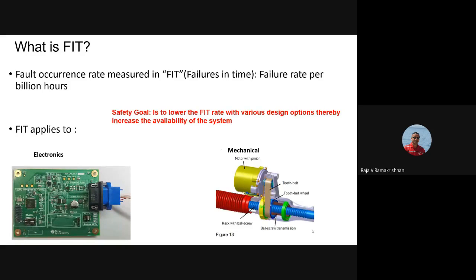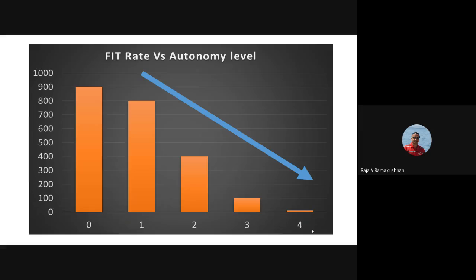The FIT applies to electronics, it applies to mechanical, it even applies to software. Everything is there. So it's a whole complete system. Our safety goal when we define a system is to lower the FIT rate with various design options, thereby increasing the availability of the system. That's what we are planning to do to increase the safety level.